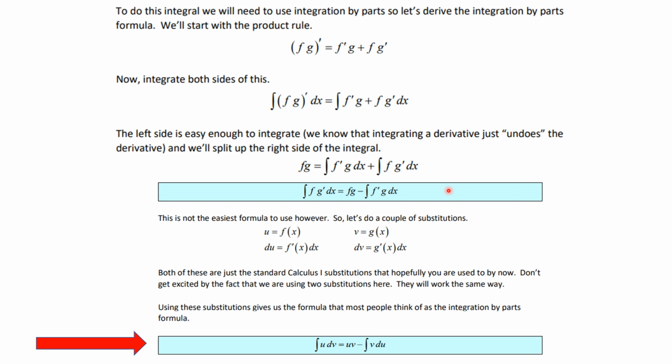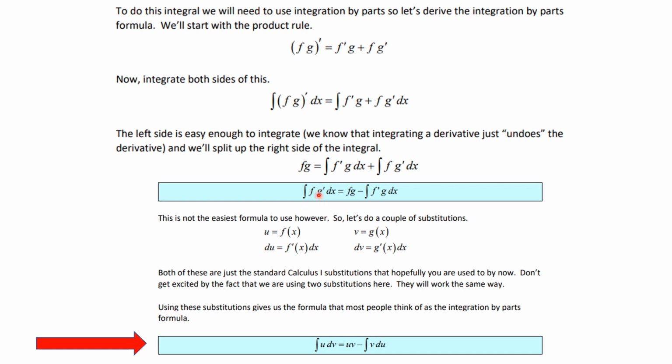We'll often write this in terms of u and v. We let u be f of x, and then du is f prime of x dx, and we let v, a different variable than u, be g of x, and dv is g prime of x dx. So you should note that what you have here is the integral of u times dv.